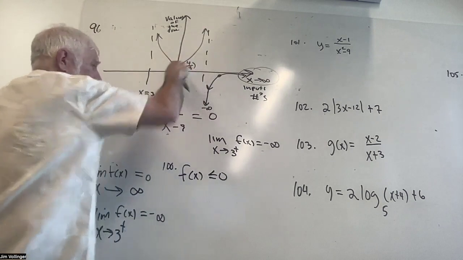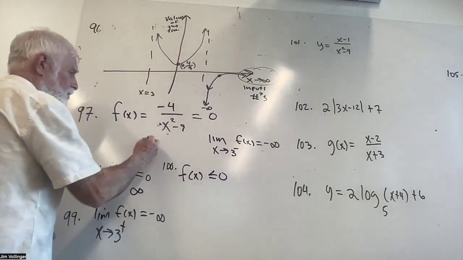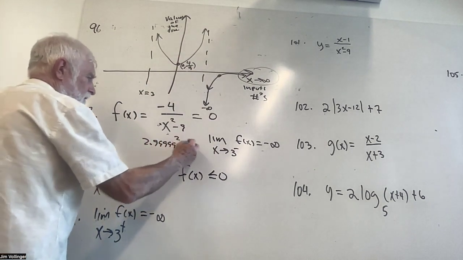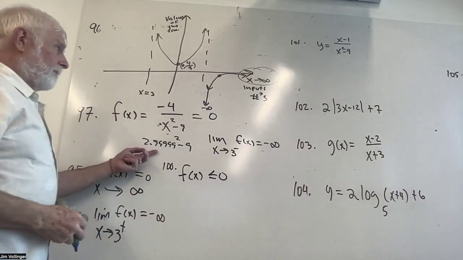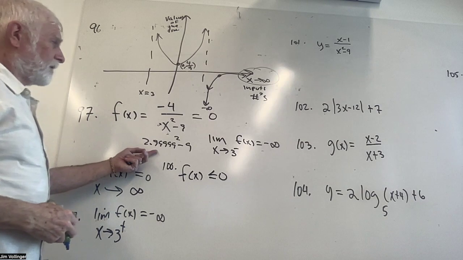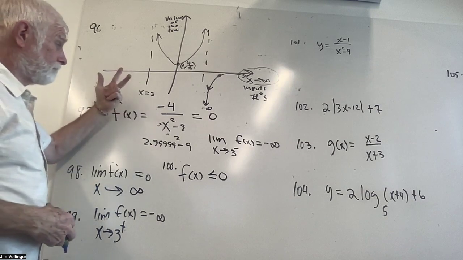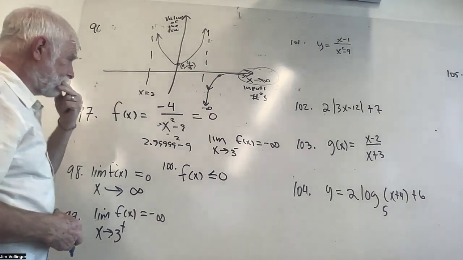And if you want to see that, then come into 3 from the left and put a number like 2.9999999, square it, minus 9. And you're going to get a positive answer, right? But I'm dividing it into a negative. I'm going to get a negative. Did I just mess up?